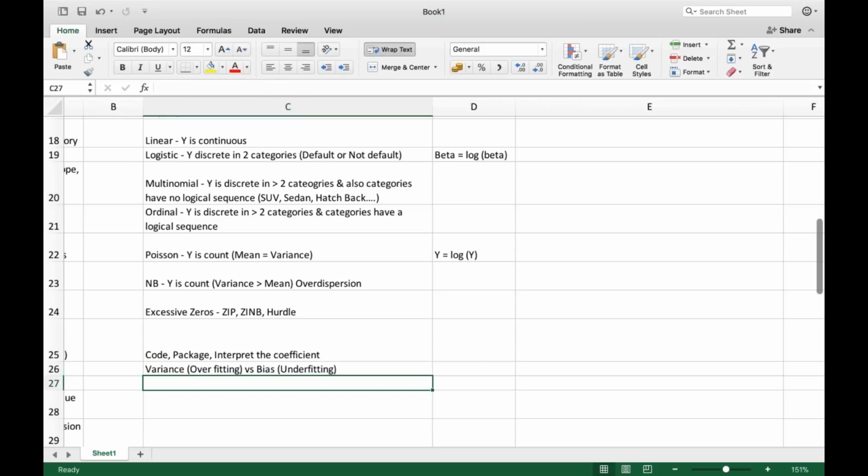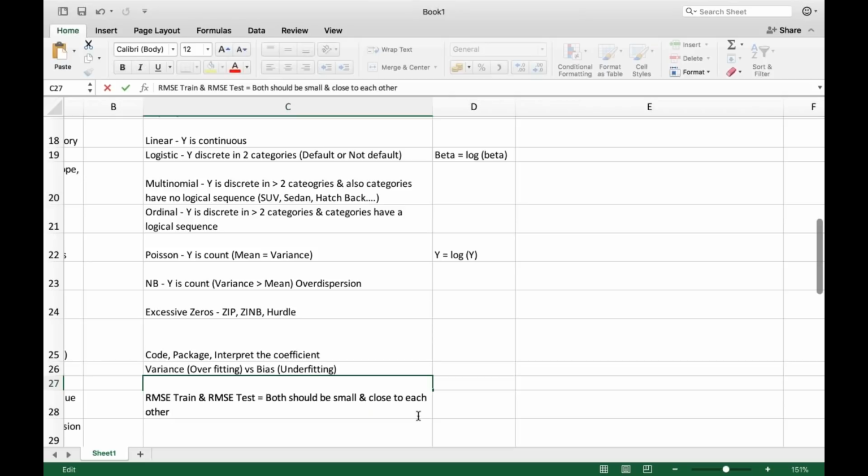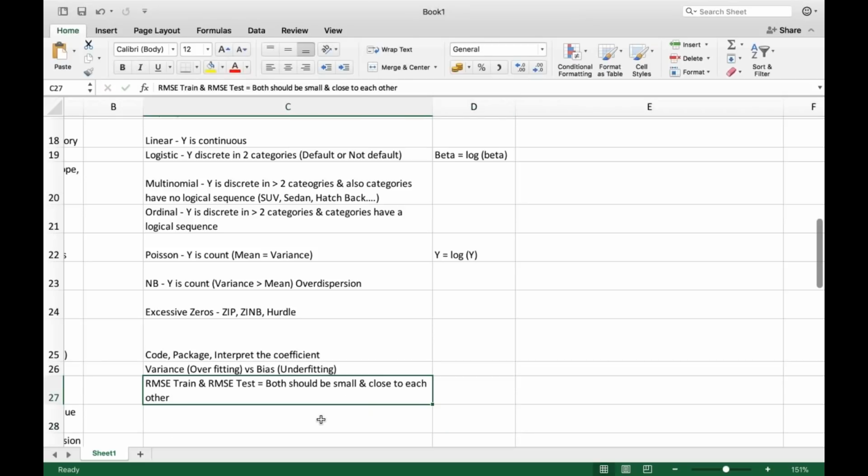When it comes to a continuous output variable, that is linear regression, then you calculate root mean square error for your training data and root mean square error for your test data. Both should be small and close to each other. If both are small and close to each other, that means you are neither suffering from variance nor from a bias problem.